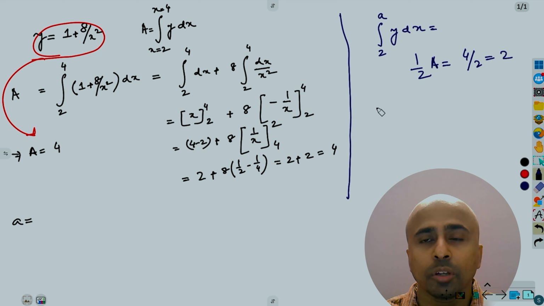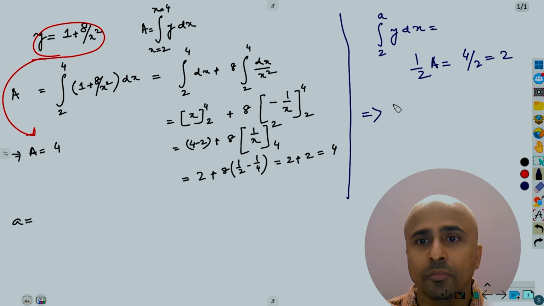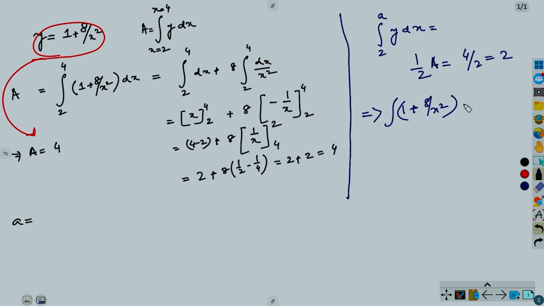We have to find the value of a such that this is half of the total area. So this is pretty simple. We will again substitute the value here. The integral from 2 to a of this equals 2.